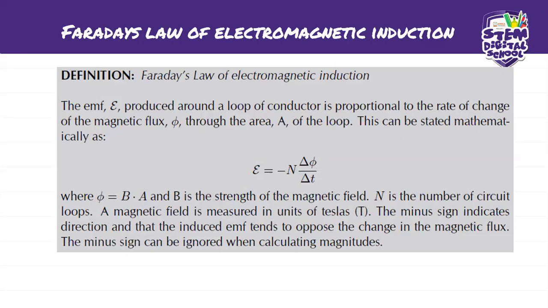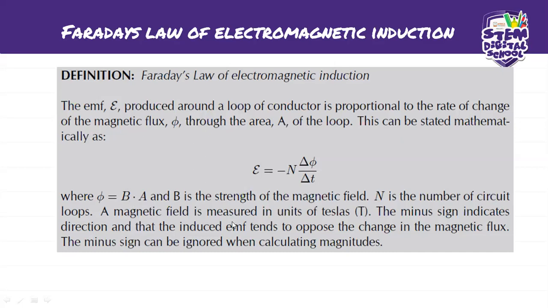Once you see rate of change, you know it involves the change in time. The rate of change of magnetic flux, where phi is equal to B times A, B is the strength of the magnetic field, and N is the number of circuit loops.